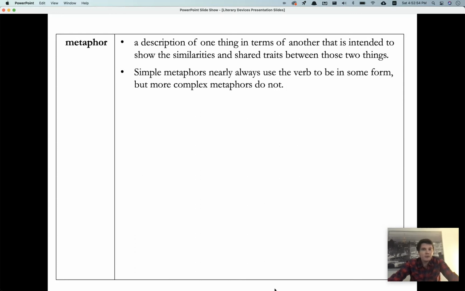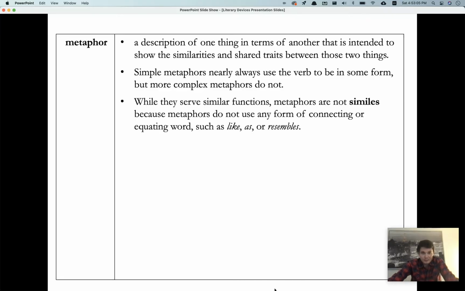So simple metaphors almost always use the verb to be: is, was, are, being, been, be. But more complex metaphors may not use those verbs. Metaphors are not similes. Similes use a word like like, as, or resembles. Metaphors don't have those words.